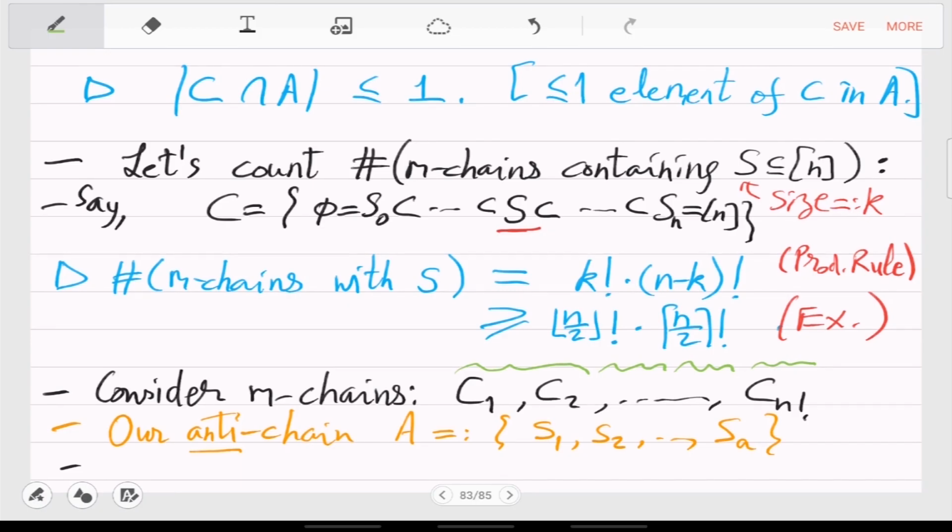So now can you deduce the number of chains in which S1 can appear, like a bound? So something like n factorial by a.